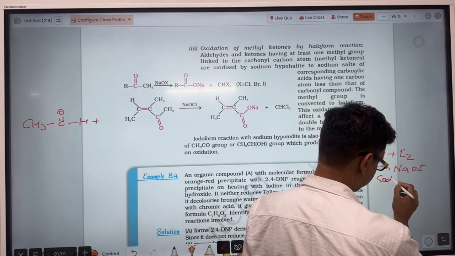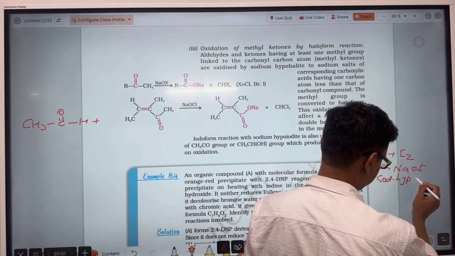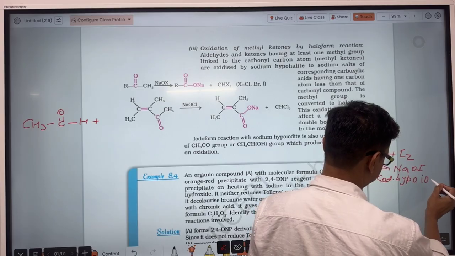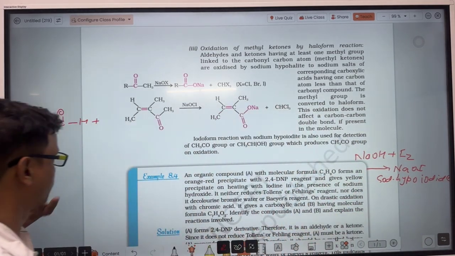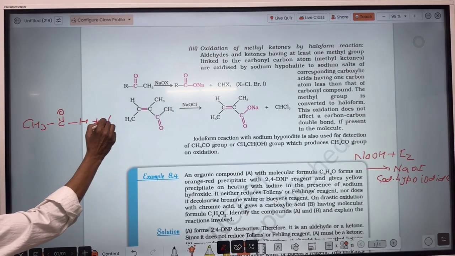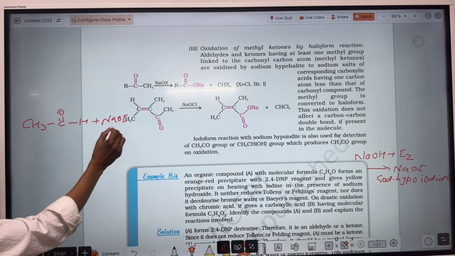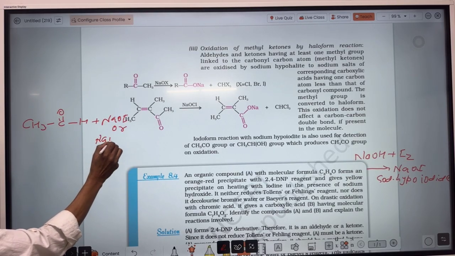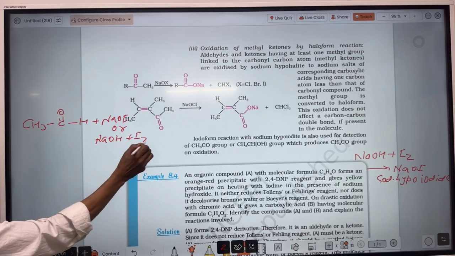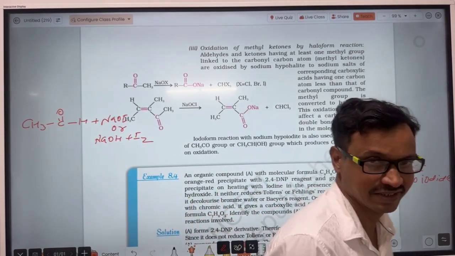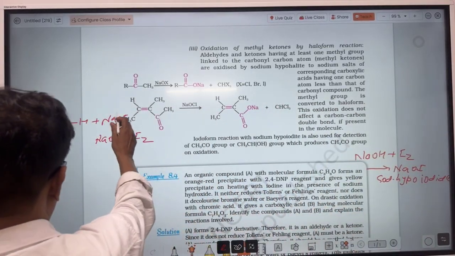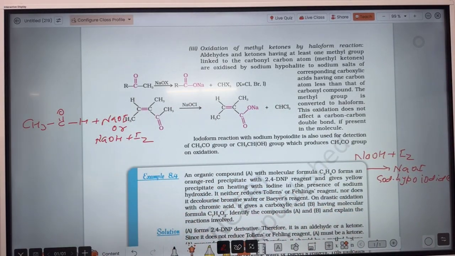It is called sodium hypoiodite. So this compound directly reacts with either sodium hypoiodite or the mixture of NaOH and I2, because when NaOH reacts with iodine, there will be formation of NaOI.